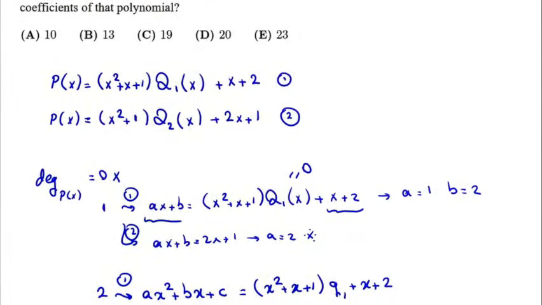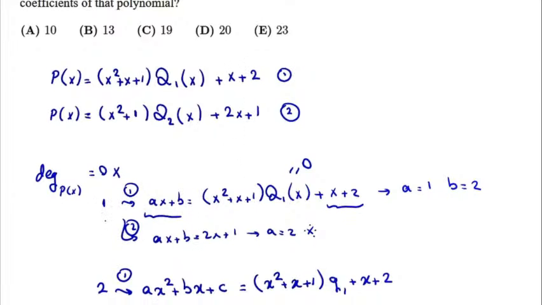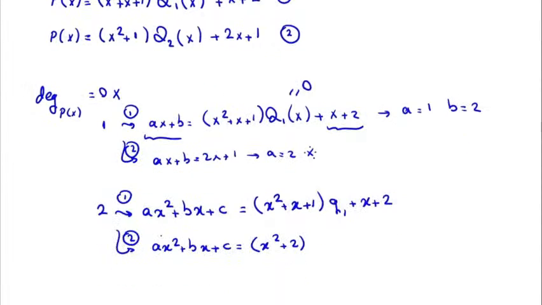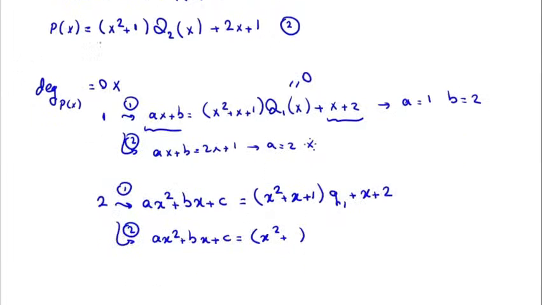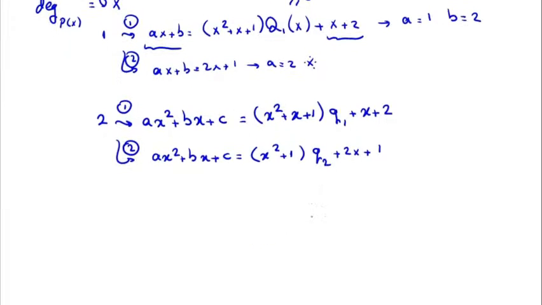We've reached a contradiction. Because we are working only with remainders, we can reject 1 again. Let's reject 2. It will be x squared plus 1 times q2 plus 2x plus 1. Now the coefficient of x squared in the first part is a, and in the second part is q1.